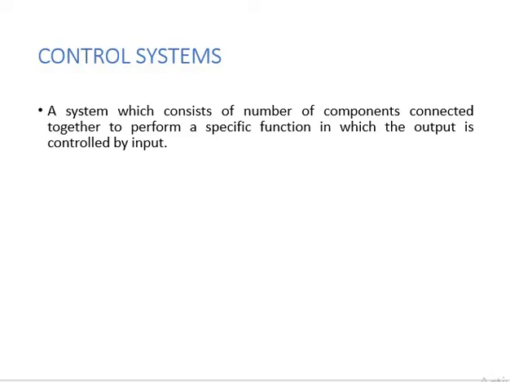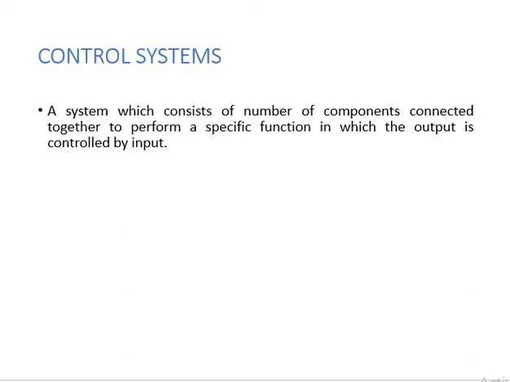So we want to reduce it, controlled by the input. We give energy, fuel, coal, or thermal energy, whatever it may be, and we control the output by the input. That is called control. The entire system we are controlling is called a control system.